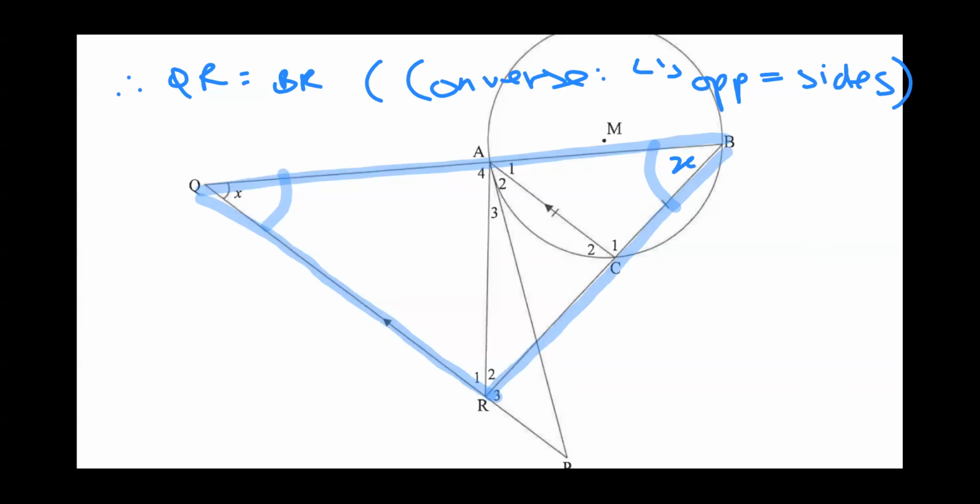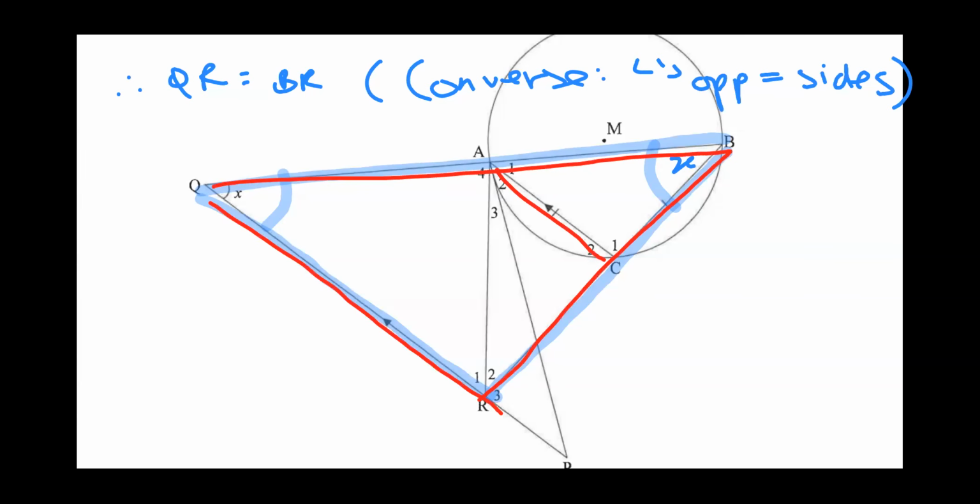Okay, now that they are equal, let's write down a proportion for the big triangle. So we are looking at triangle BQR with line AC being parallel to line QR.